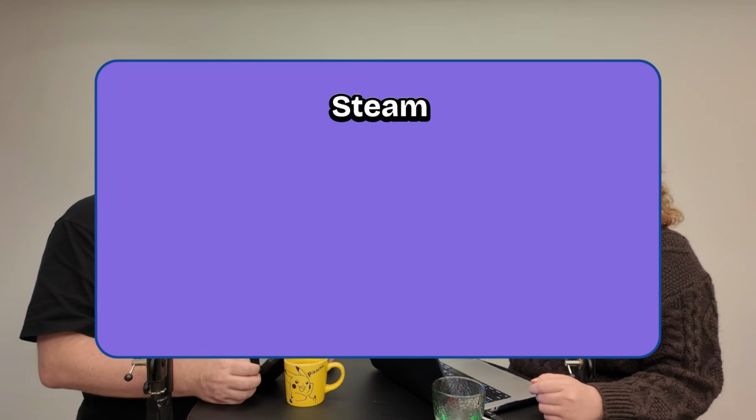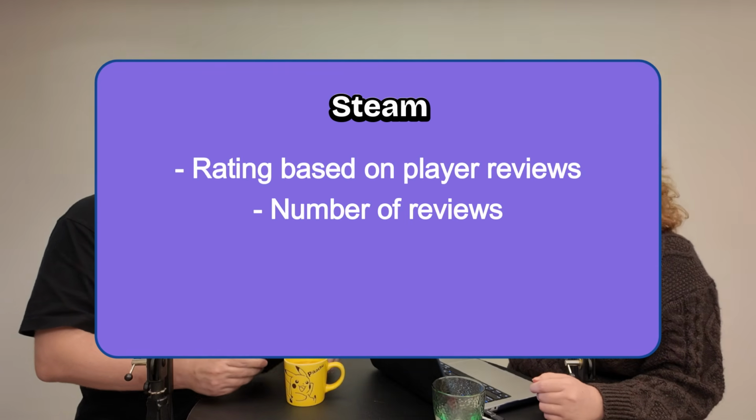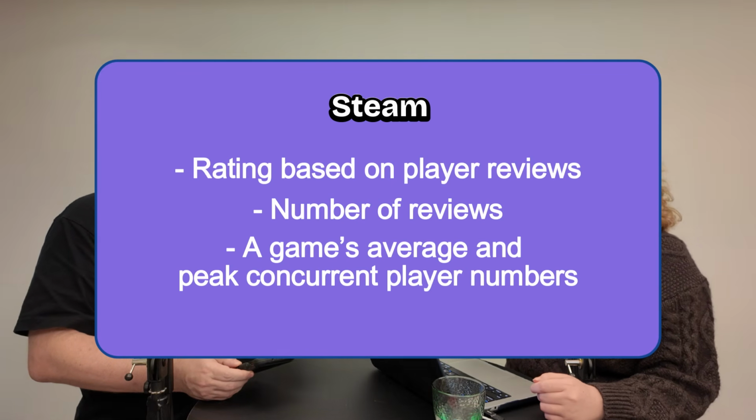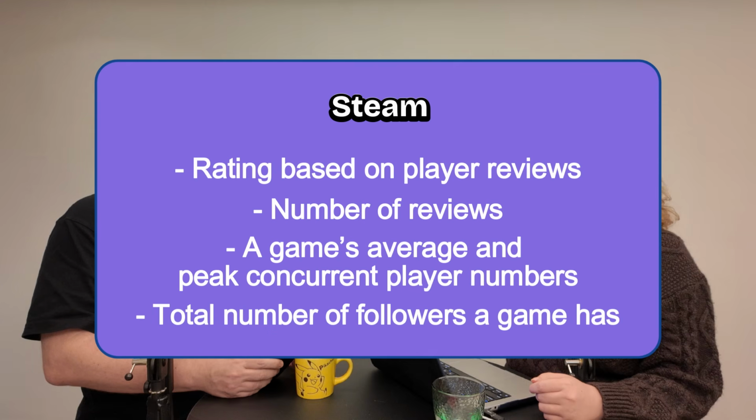And then for Steam, I use a lot of things. I look at the rating based on player reviews, the number of reviews, a game's average and peak concurrent player numbers, as well as the total number of followers a game has.